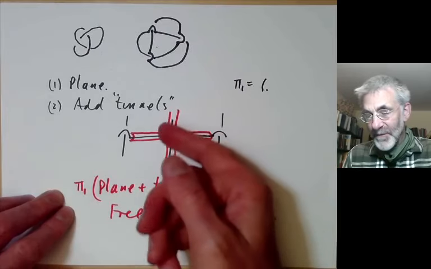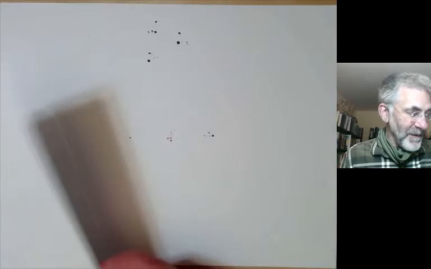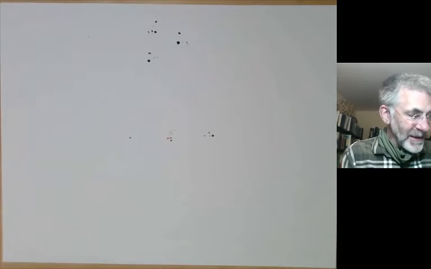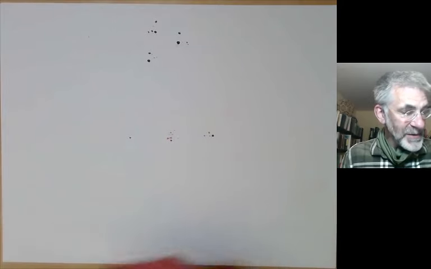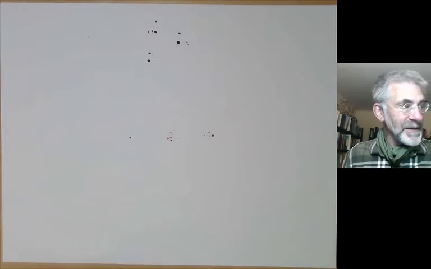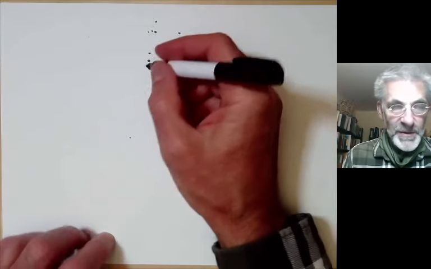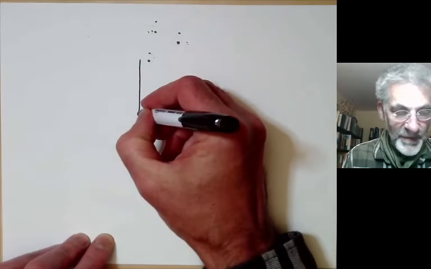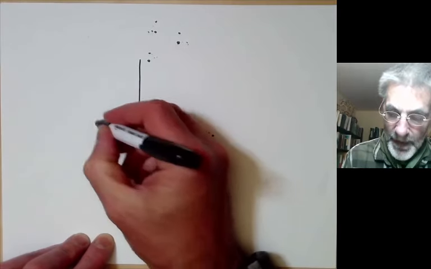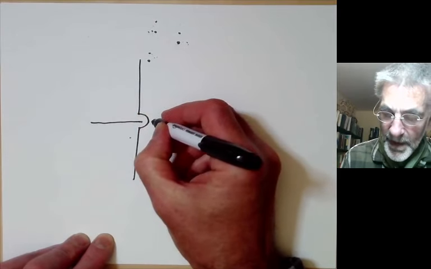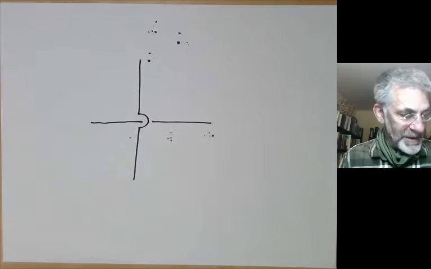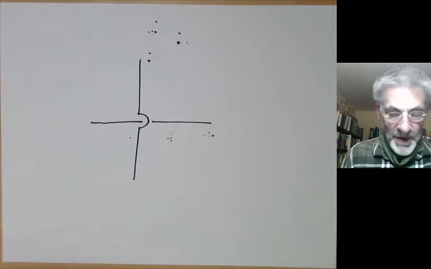Well, we still haven't got a deformation retract of our knot, so let's take a little closer look at these bridges. So what happens is each bridge is going to look something like this. Here we've got a bridge, and here we've got something going under the bridge, and we've got several pieces of tunnel.